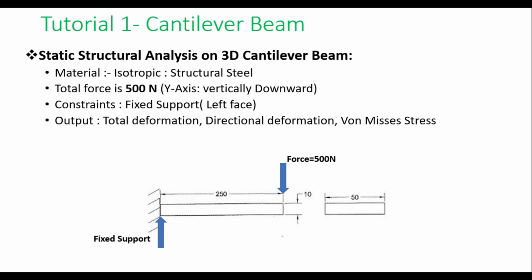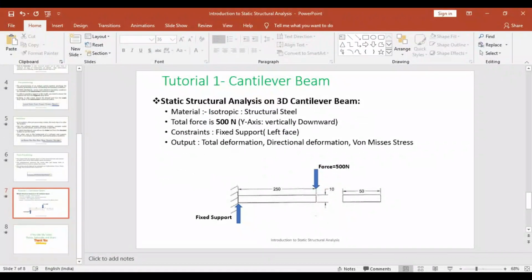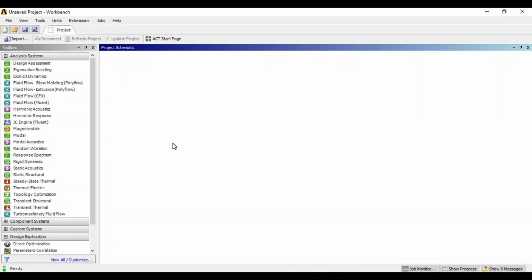So let's begin with the Ansys Workbench. Here I have opened the Ansys Workbench project schematic window. Here we have to drag and drop the static structural analysis system into the project schematic.